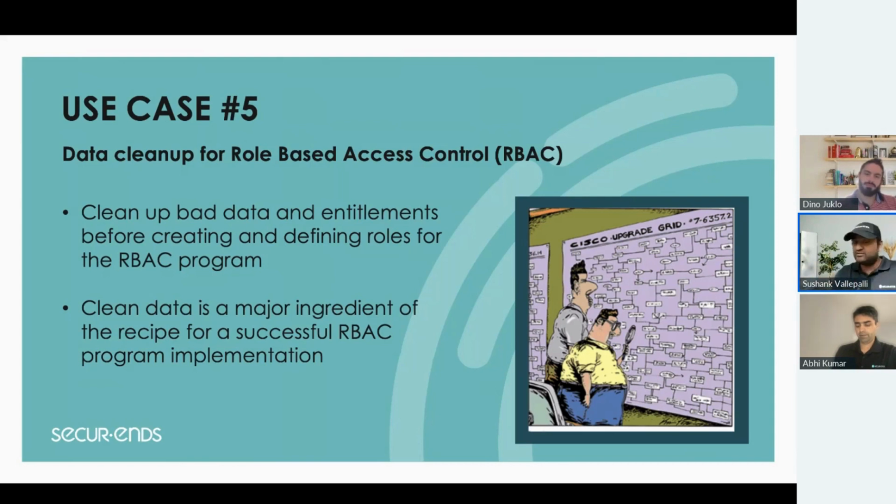But for that, you definitely need the foundational element of having all the entitlements of these users in one repository. So from there, you can clean up and start building access models. You can use SecurEnds as the foundation for your role-based access control program.